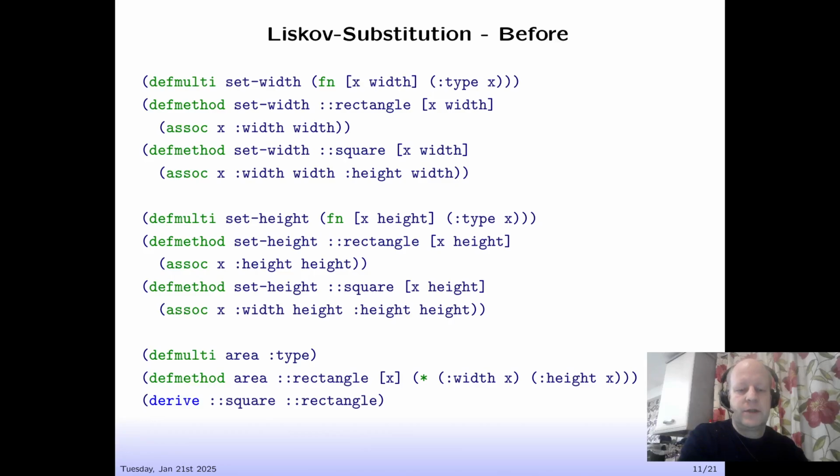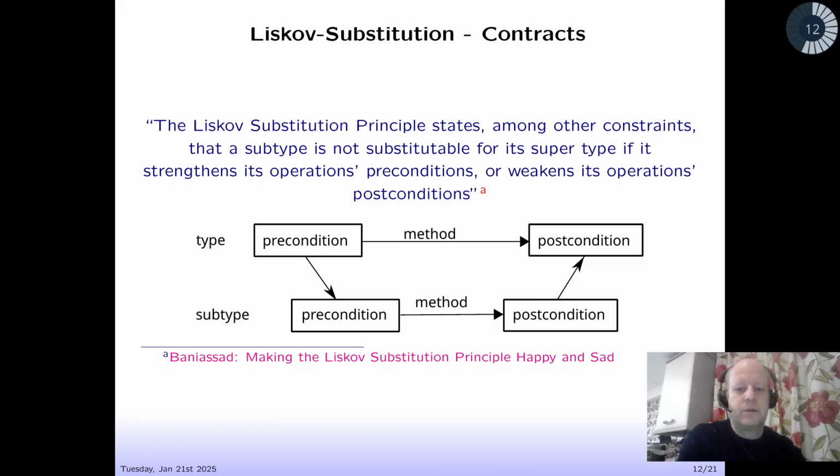And there's a problem with this code. The Liskov substitution principle illustrates or defines this problem. The Liskov substitution principle states, among other constraints, that a subtype is not substitutable for its supertype if it strengthens its operations' preconditions or weakens its operations' postconditions. This is from Banyasat, making the Liskov substitution principle happy and sad.